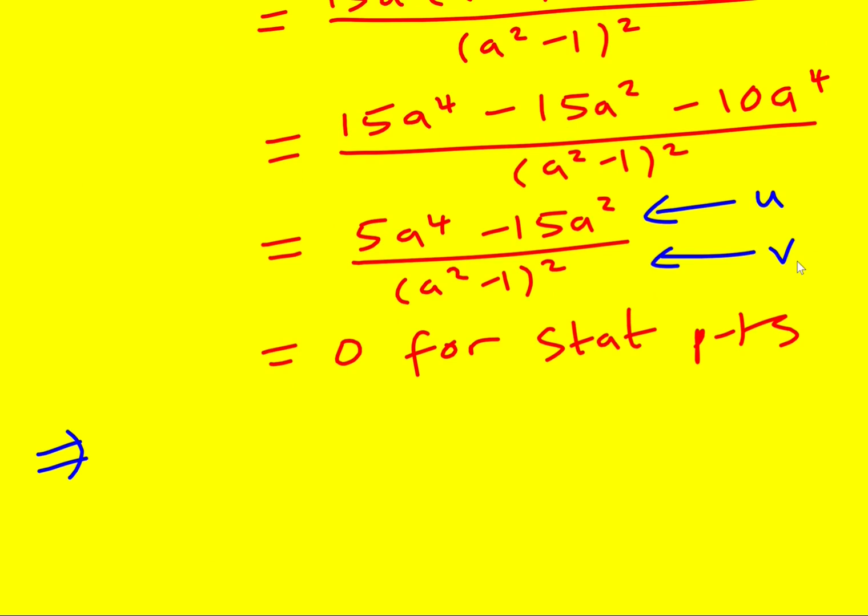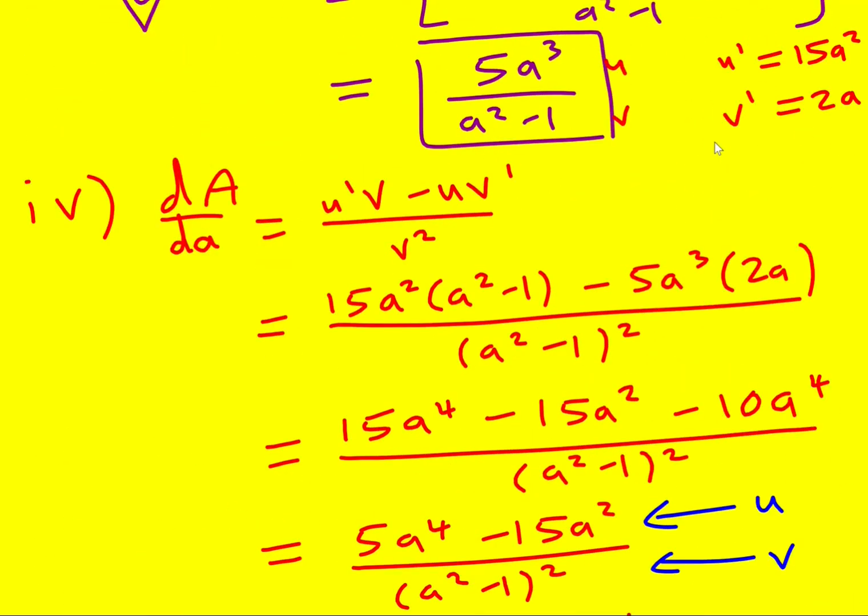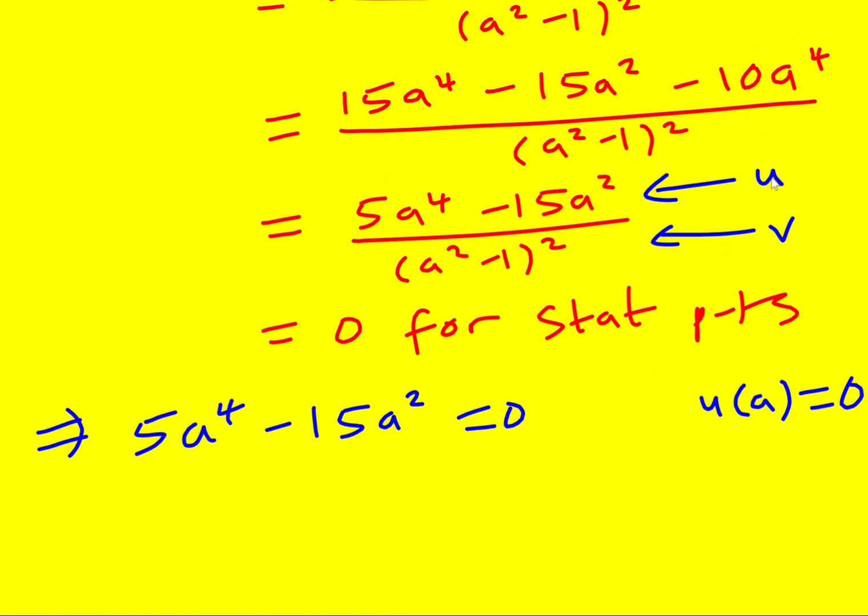So this will imply that 5a to the 4 minus 15a squared is equal to 0. That's essentially u(a) equal to 0. I know it's a little bit confusing because I've been calling different things u, but I'm now calling it u here.